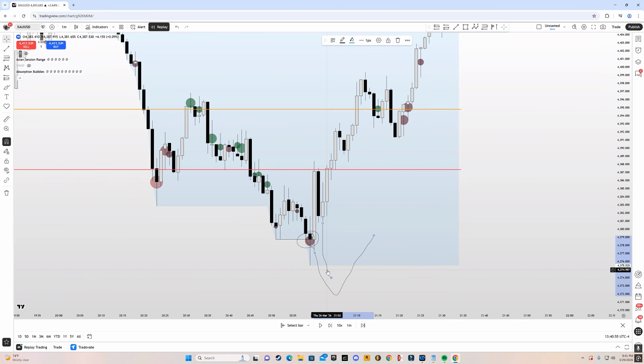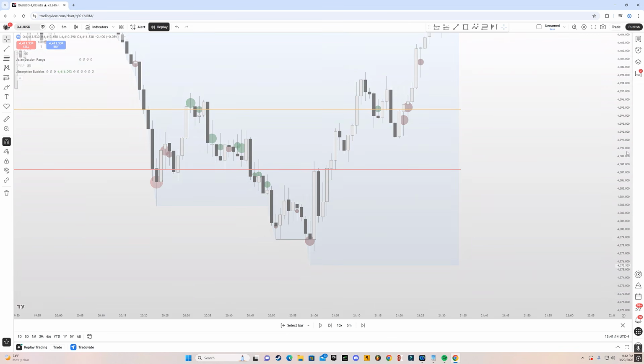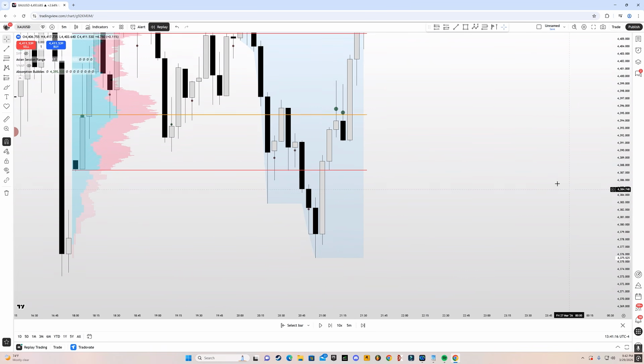Price is not continuing to push down. We have aggressive sells, but then immediately we have aggressive buys coming in. So these sellers are absorbed by a buy limit order of a whale or a big player or a big institution.